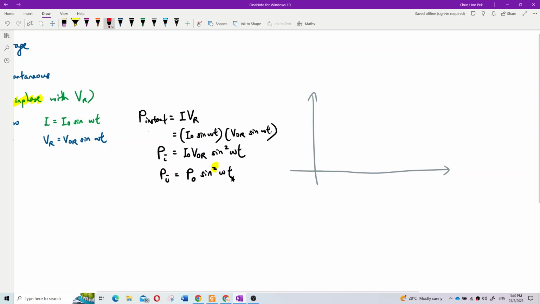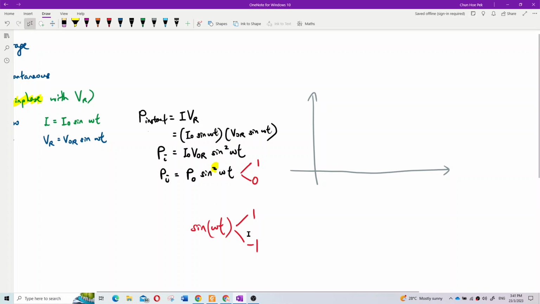Is there any negative value? Because sine, the maximum value is 1, isn't it, class? In mathematics, for a sine equation, the value is between 1 and -1, correct or not? So the minimum is -1, maximum is 1. But if sine square, what's the minimum? -1 squared also gives +1, correct or not? So the minimum is 0.